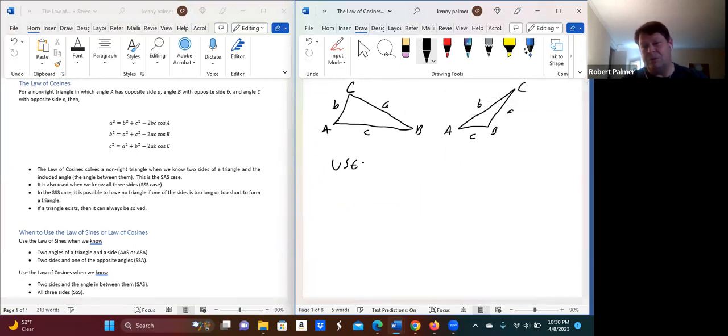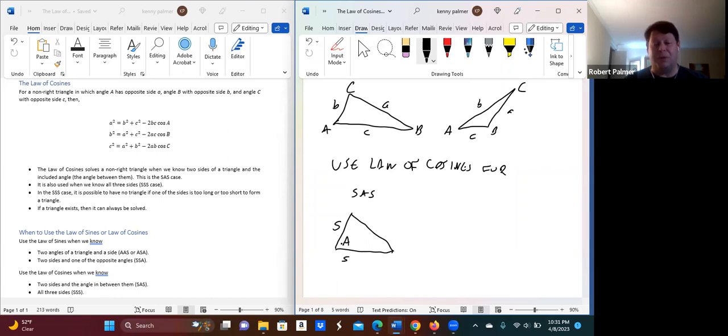So we're going to use the law of cosines for what's called the side-angle-side case. And once again, this could be for either kind of triangle, but I'm just going to use this one. It looks like this. Let's say we know this angle and we know two sides and the angle in between them.